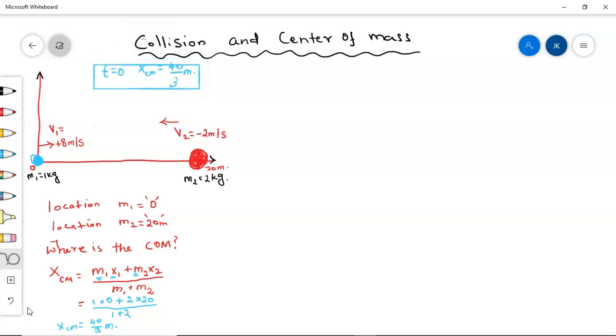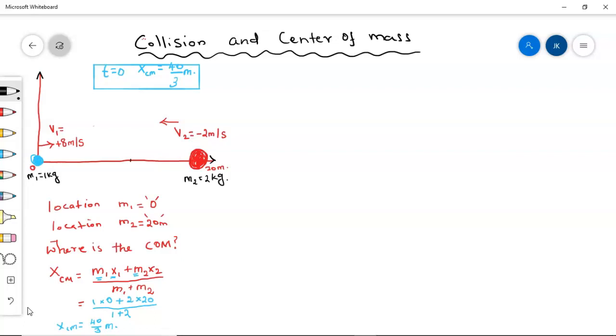At the beginning, t equal to 0 seconds, before it starts moving, the location of the center of mass is in between these two objects, somewhere at 40 divided by 3. It is closer to the more massive object, somewhere here. Okay, now what happens?